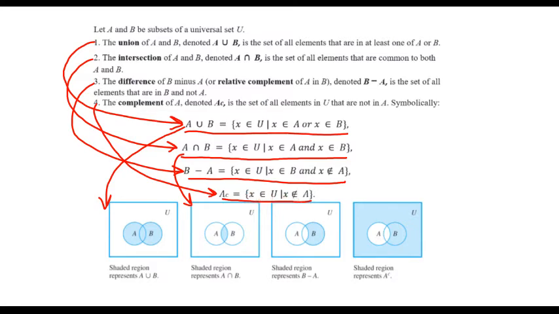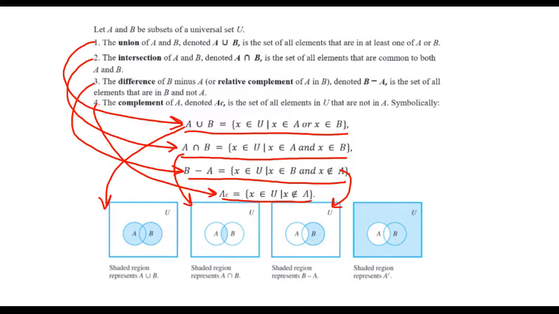Now let's look at the Venn diagram of the difference of B and A and the complement of A. So the third Venn diagram right here shows B minus A. Basically, the shaded area covers all the area inside the circle B minus the area that is shared with A, correct?